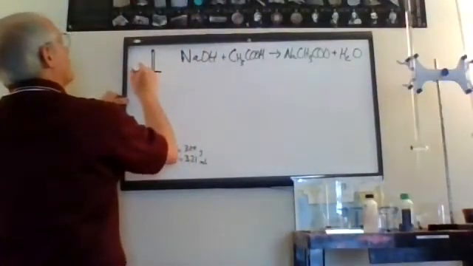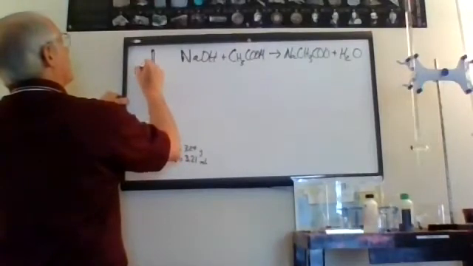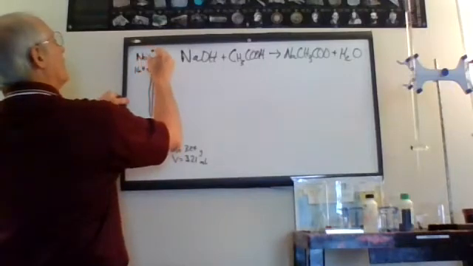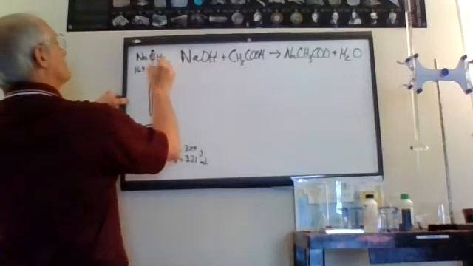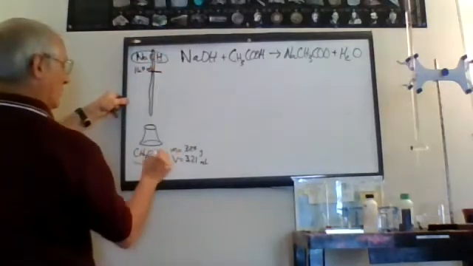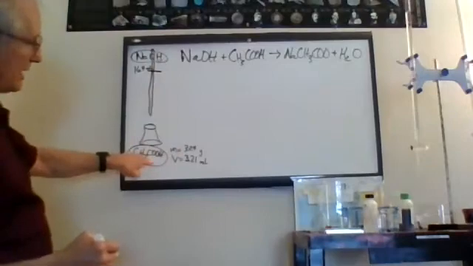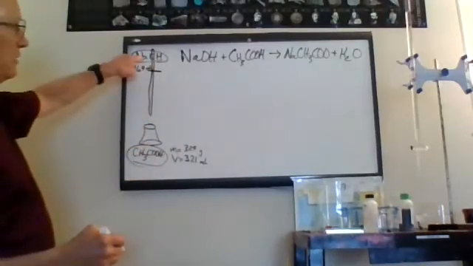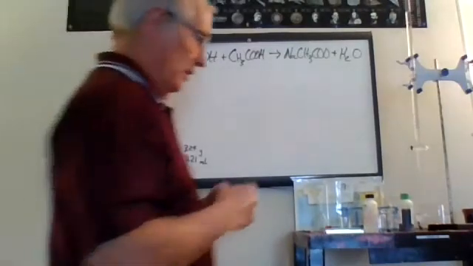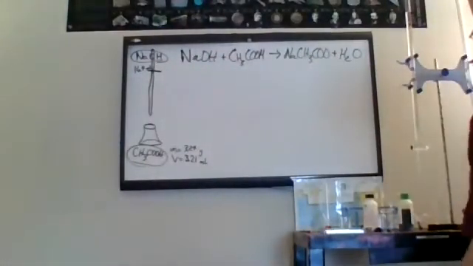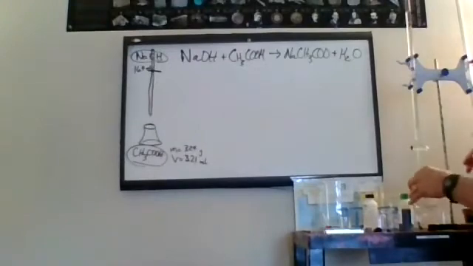Starting out at 16.4 milliliters of NaOH. So we are titrating acetic acid with sodium hydroxide. Let's go ahead and do that. And what color? It's going to be the same as before. It's going to be a lavender pinkish thing.